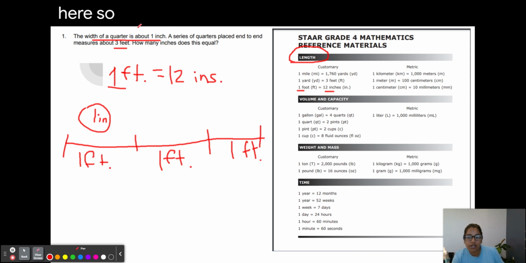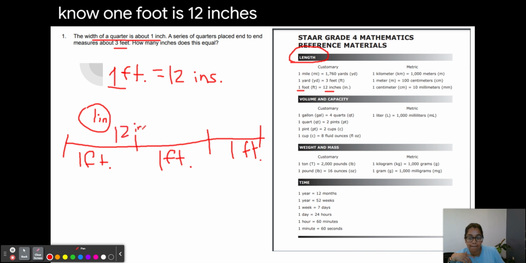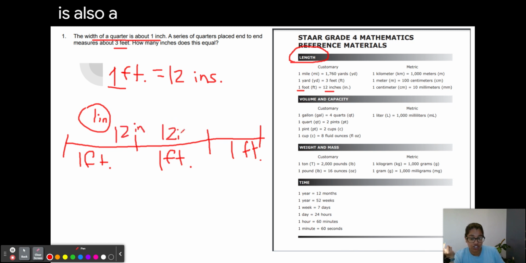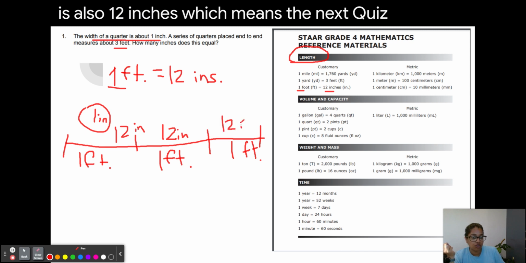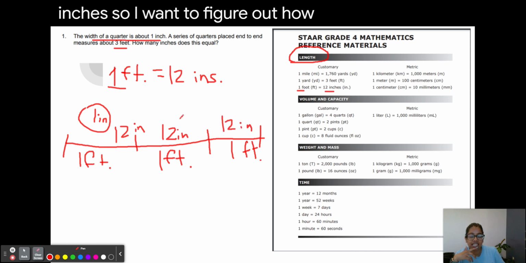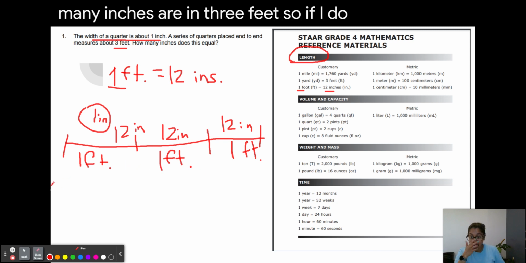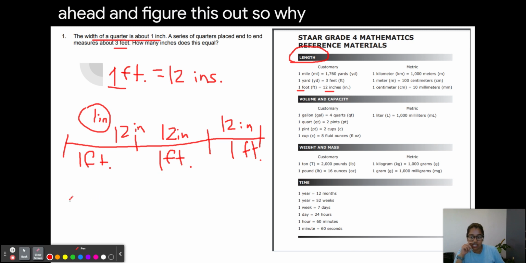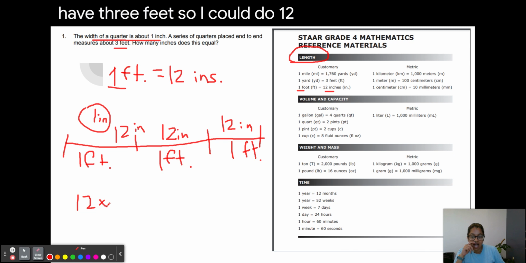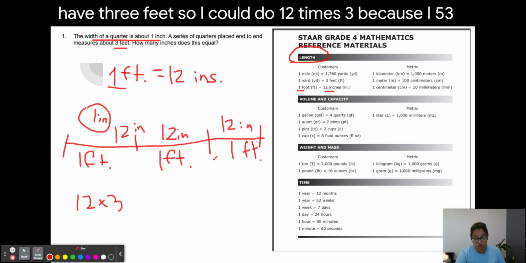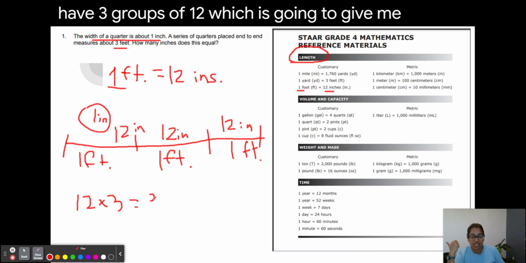So 1 quarter is 1 inch. I know 1 foot is 12 inches, which means the next foot is also 12 inches, and the next foot is also 12 inches. I want to figure out how many inches are in 3 feet. I know I have 3 feet, so I could do 12 times 3, because I have 3 groups of 12, which gives me 36.